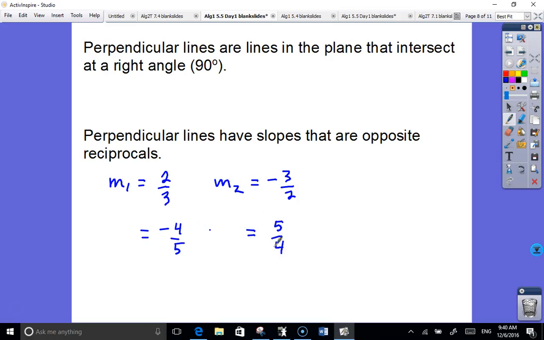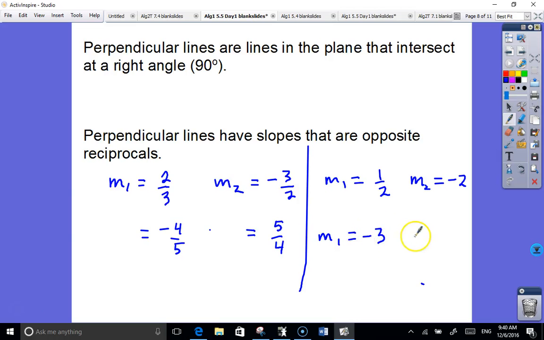Right? How about if one line has m1 equals 1/2, what would be the other line? -2, right?